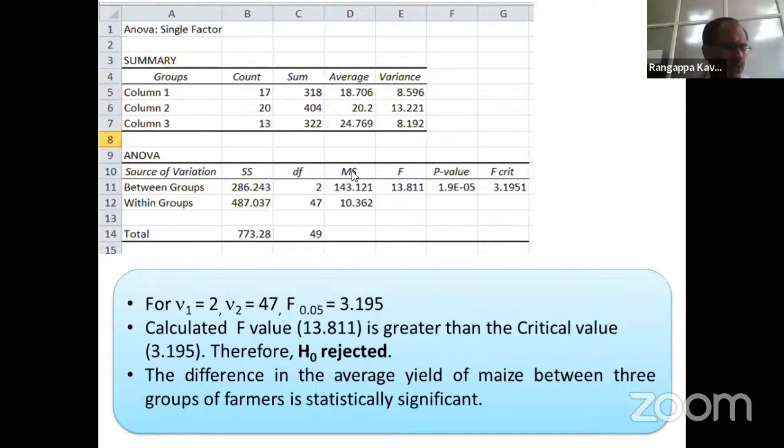We saw the circumstances under which we can use this ANOVA, and how we should have the data set, I mean, how you have to feed your data from your schedule to Excel. I also explained how to calculate ANOVA with one factor. The calculated F value is 13.811 and the critical value is 3.1951.